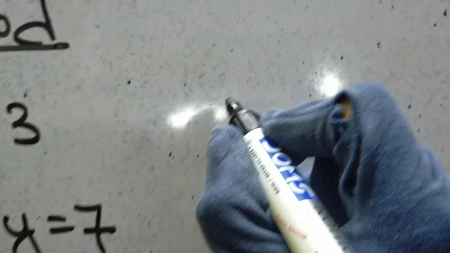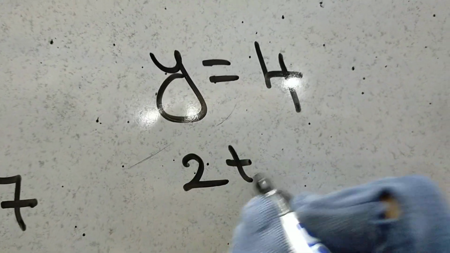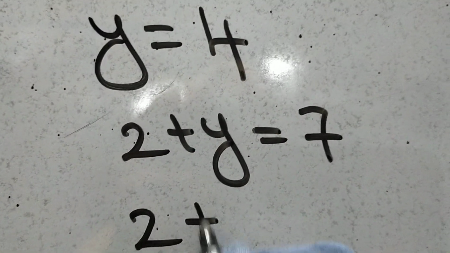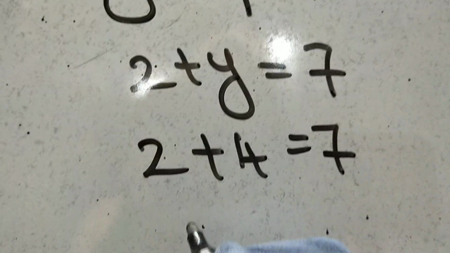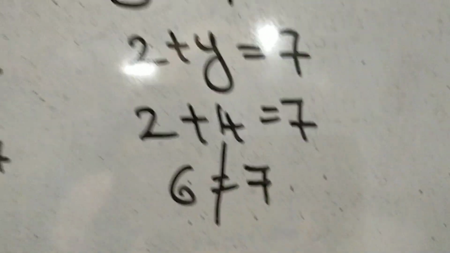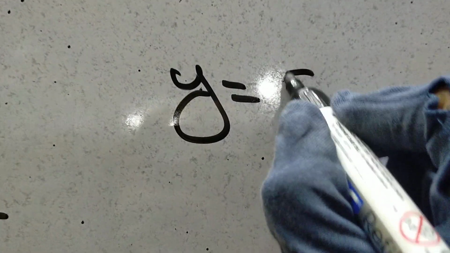Then let's assume y is equal to 4. So what is our equation? 2 plus y is equal to 7. So 2 plus 4 equal to 7. 6 equal to 7. Is it same? No. Not satisfied. Then let's take y is equal to 5.